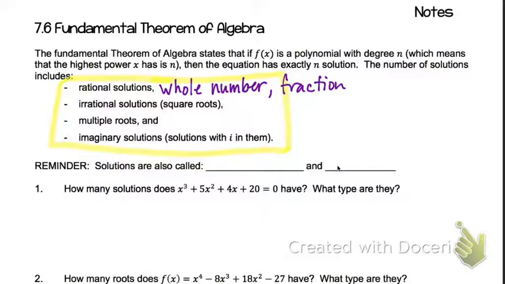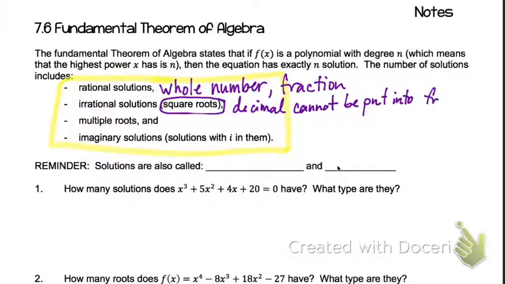Irrational means just any decimal that cannot be put into a fraction, and typically those are under a square root, so those are the ones that you have to solve for. You can even put to the side, decimal cannot be put into fraction.